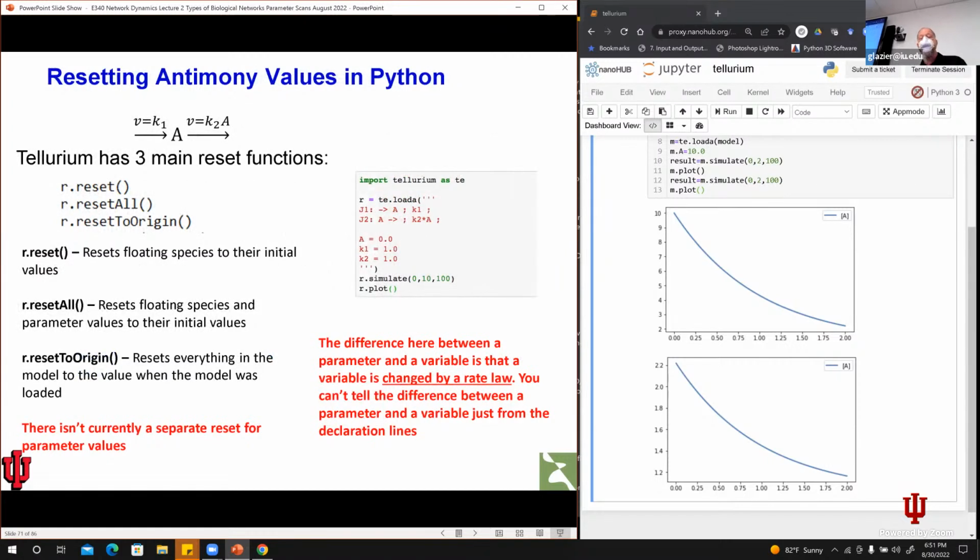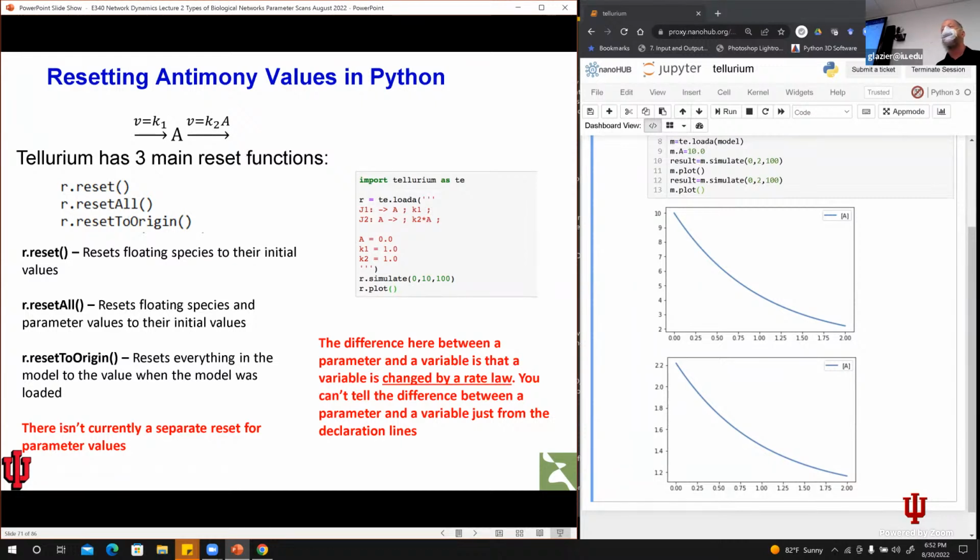And so there are a series of reset functions that tell me to set my values back to the ones that were specified in that initial model specification. And why are there multiple ones? Well, it might make sense that I want to change the value of A back to its initial value.